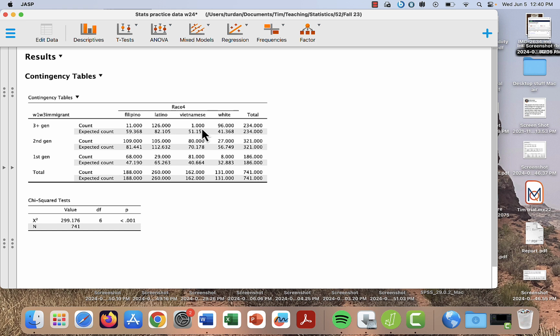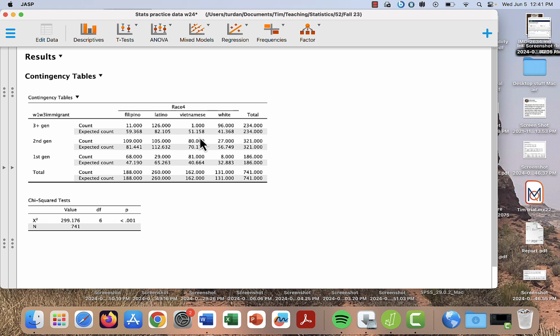So, for example, there's 162 Vietnamese students in my sample. And there's 234 third plus generation students in my sample. So you would expect there to be 51. You would expect 51 of the Vietnamese students to be in the third plus gen group, but there's only one.